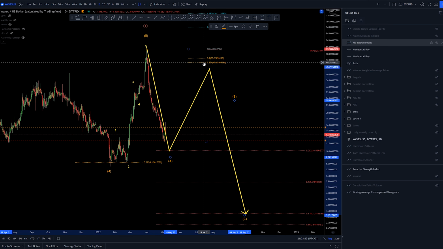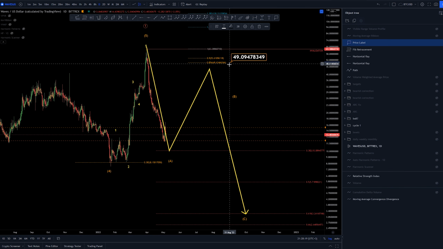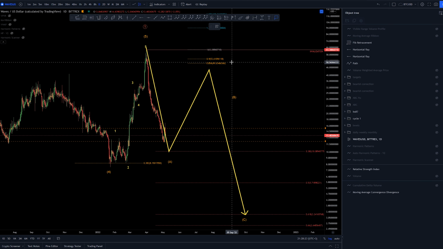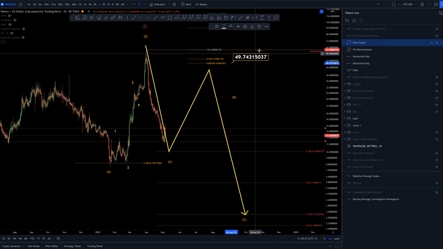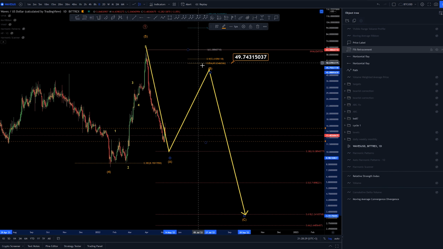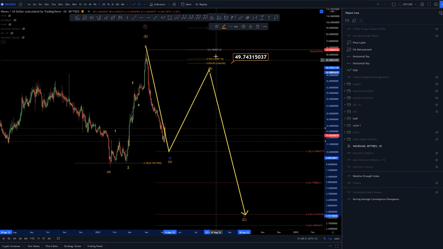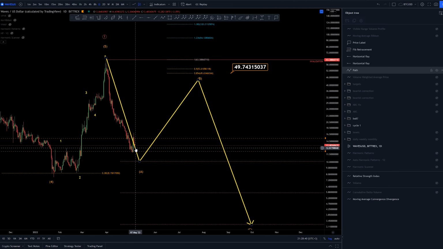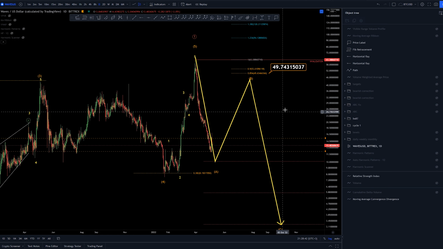So basically anything less than $49.6. If it goes above that, we have crossed the path to where this structure here is going to be a flat. And at that point we would need to look at this structure as a 3-wave instead of a 5-wave structure.